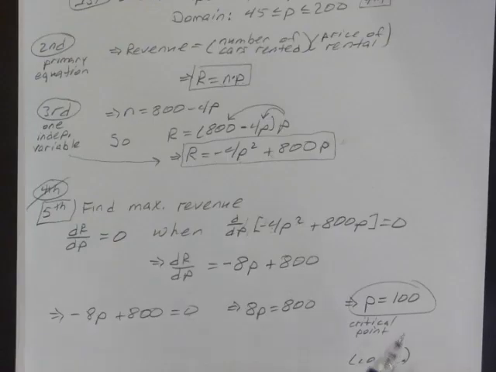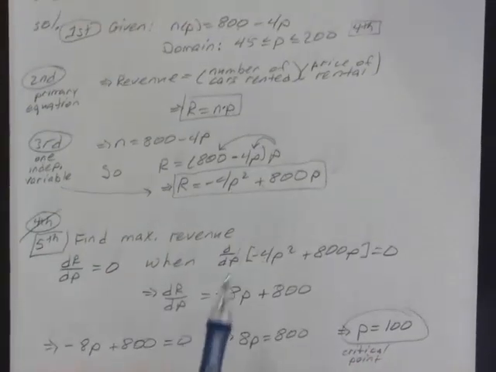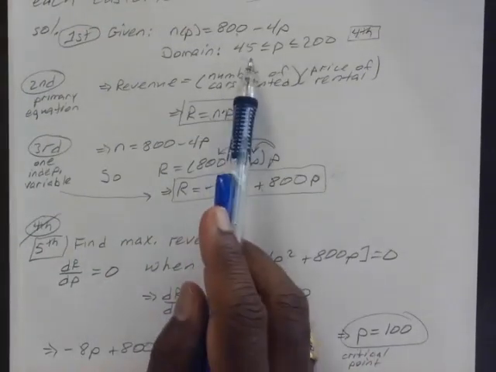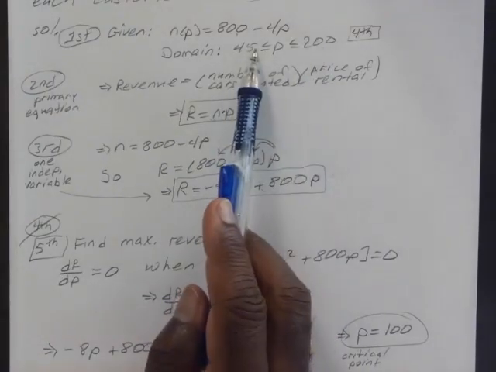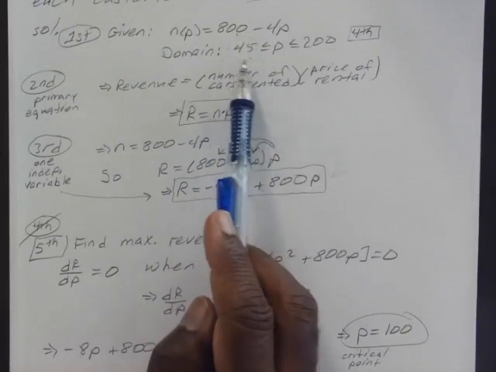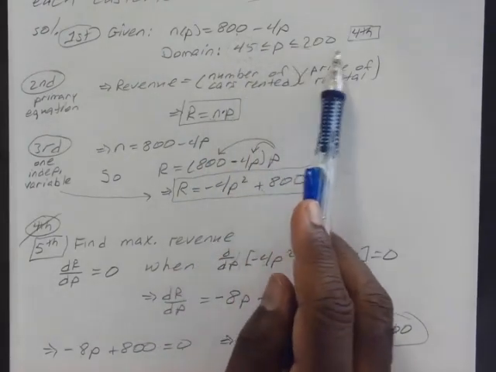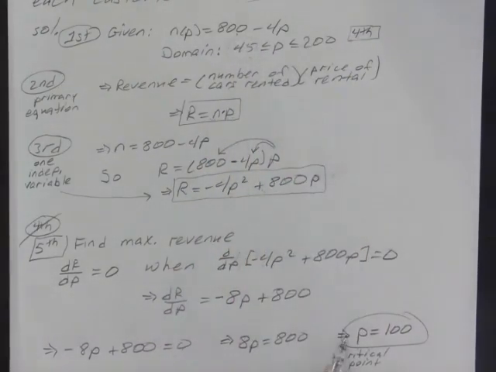Okay. Now the thing about this one is that, remember, the price is between $45 and $200. So it's possible you can get the maximum revenue at $45, or you can get it at $200, or you can get it at the critical point of $100.